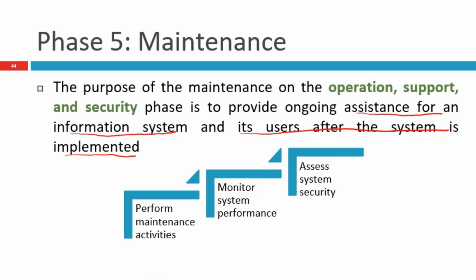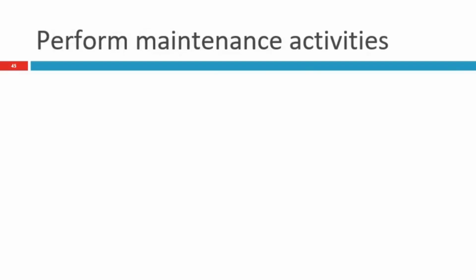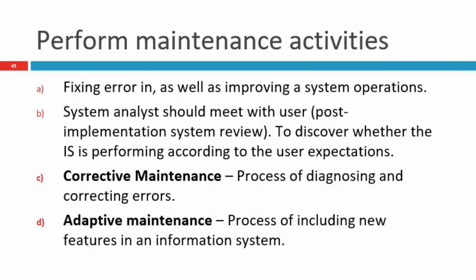So there are 3 activities involved. The first one is perform maintenance activities, then monitor system performance, and lastly assess system security. Perform maintenance activities involve fixing errors as well as improving system operations.